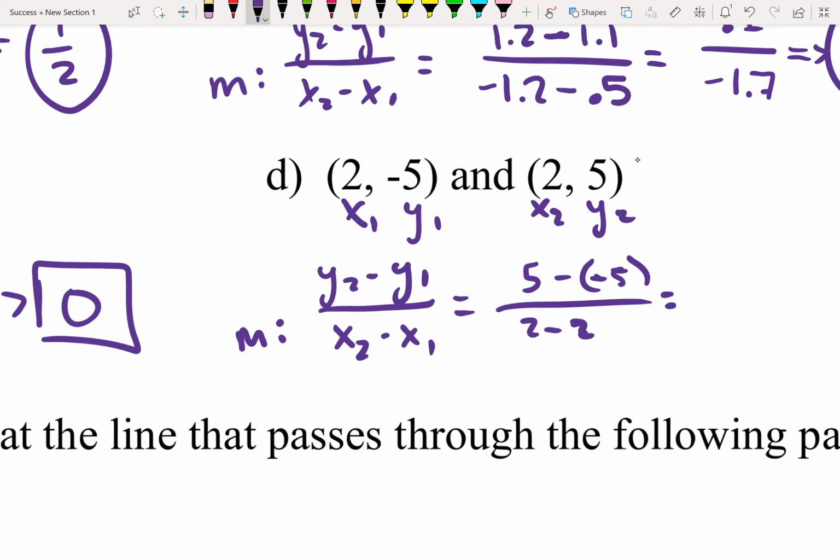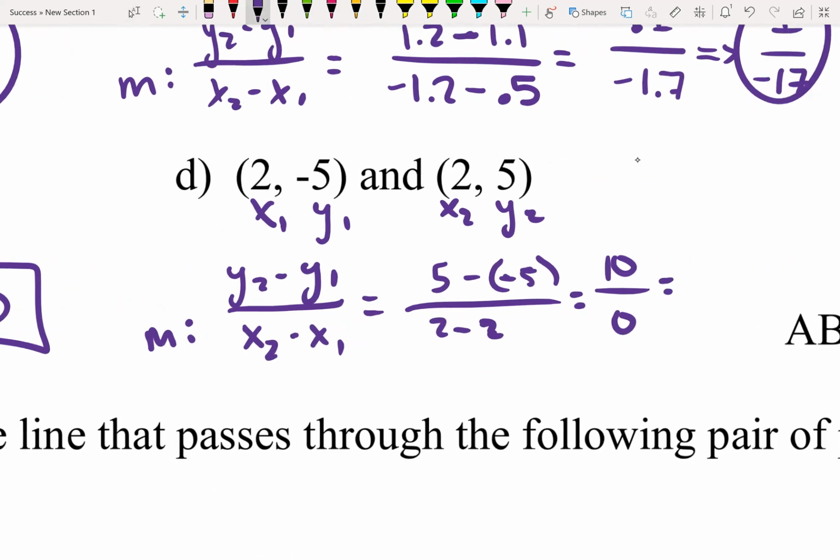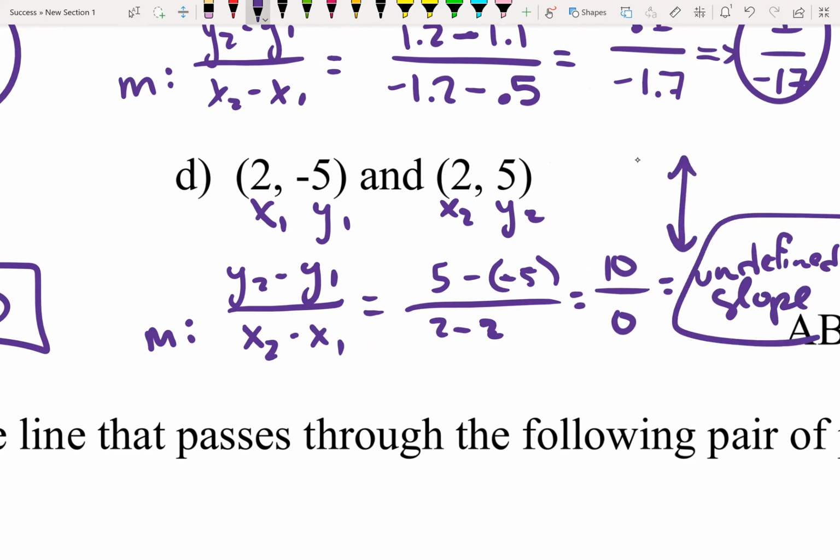When I simplify it, I end up getting 10 over 0, which means I'm going to end up with an undefined slope. And that would be a line that looks like that. So there would be my undefined slope.